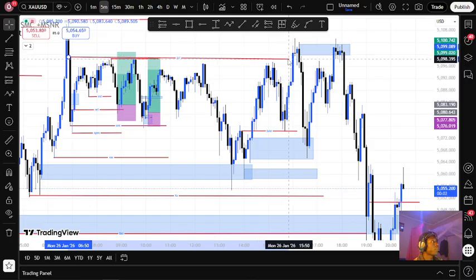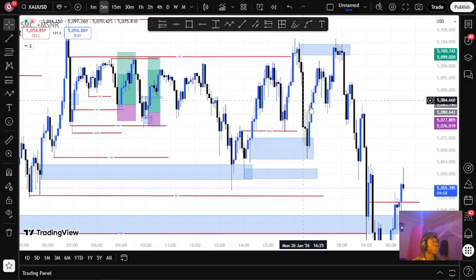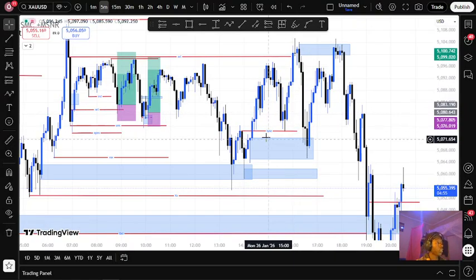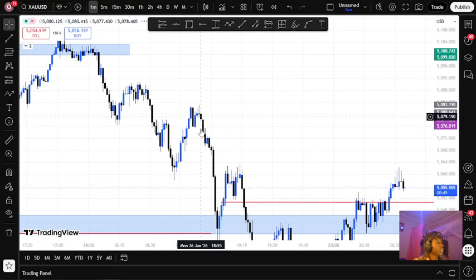You can see it swept before it. So it reacted off this order block here, then went straight to the 1 minute.